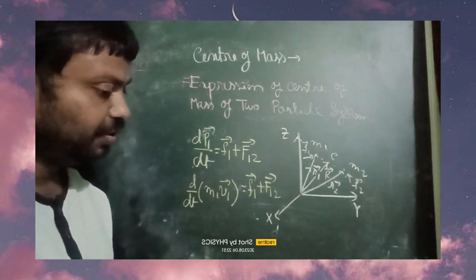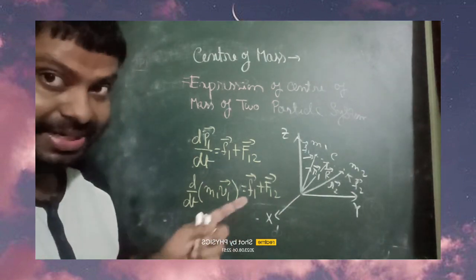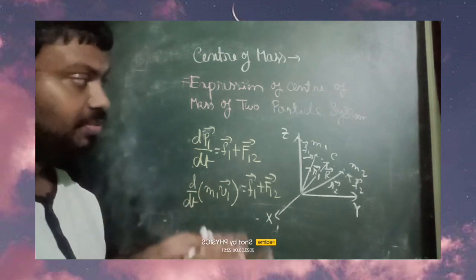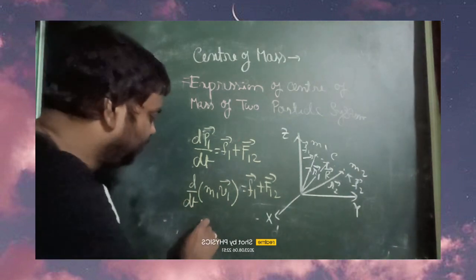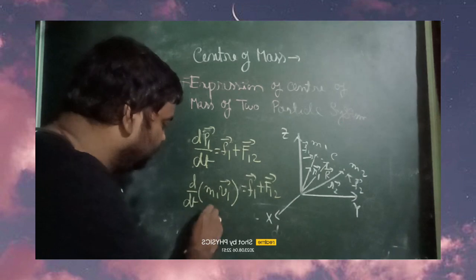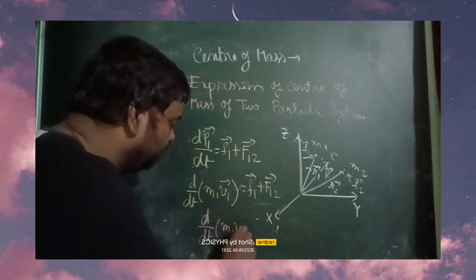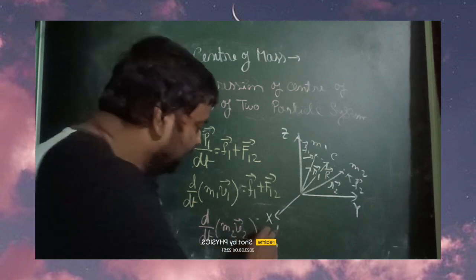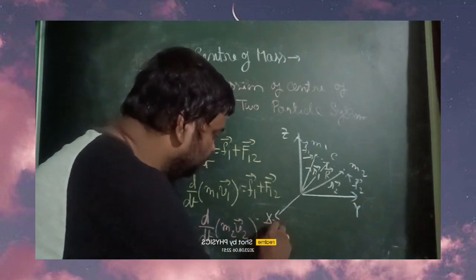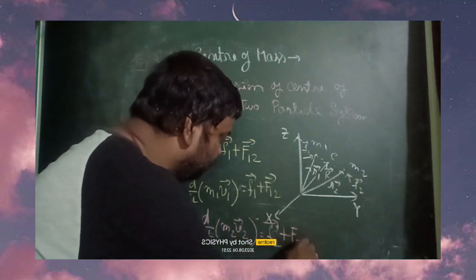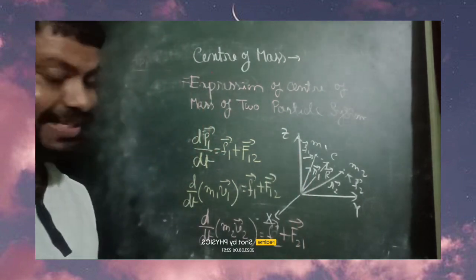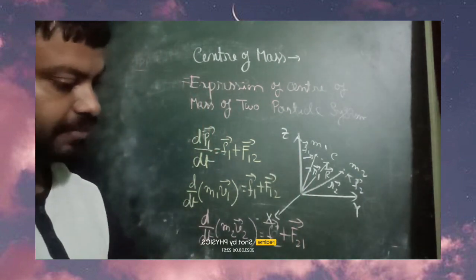If we consider the second particle, we will get the same result for the second particle. Now we can write d/dt of m2 v2 vector equals F2 vector plus F21 vector.